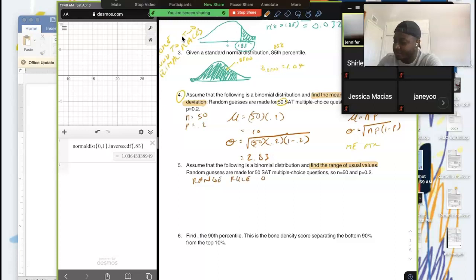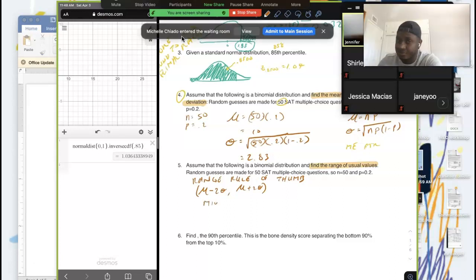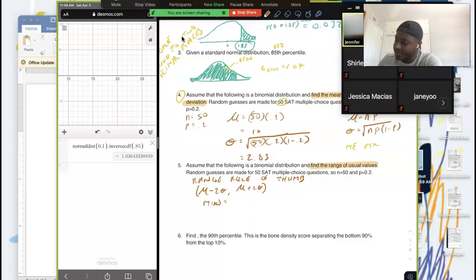It says our usual range of values is the mean minus 2 standard deviations to the mean plus 2 standard deviations. So for our minimum usual value, you take the mean. Our mean we found up here is 10 and our standard deviation is 2.83.